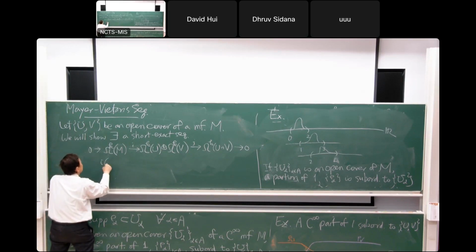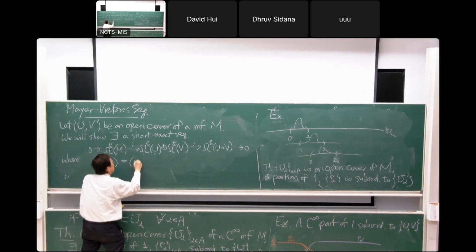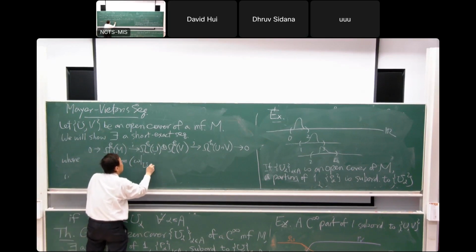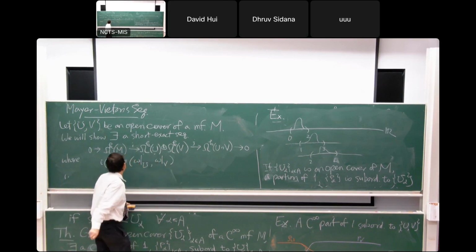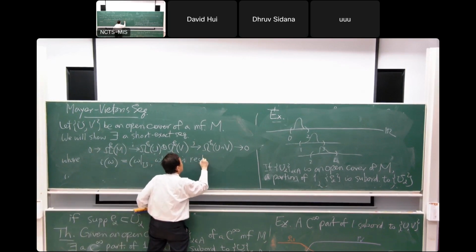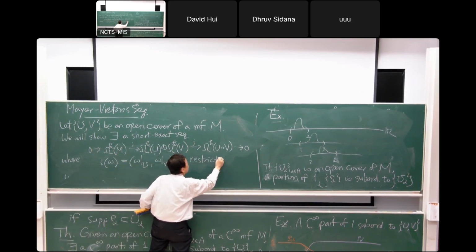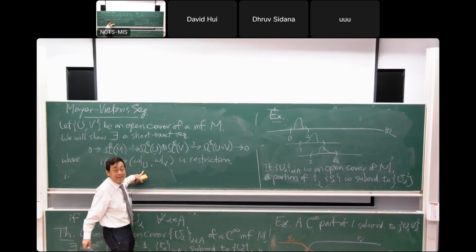So I will take a form on M and it will restrict to a form on U and a form on V. This is what I mean by restriction.